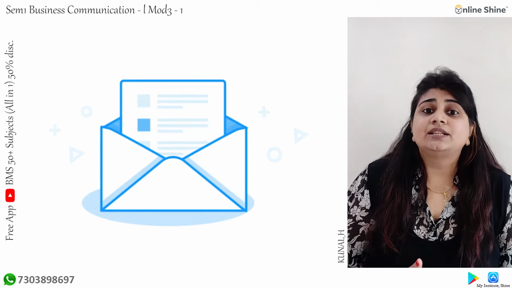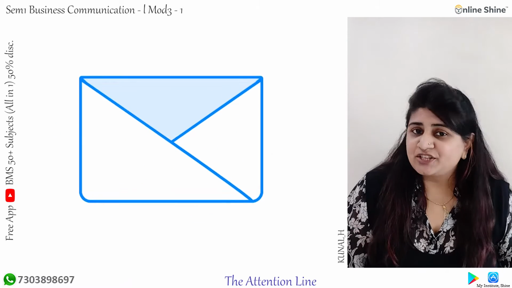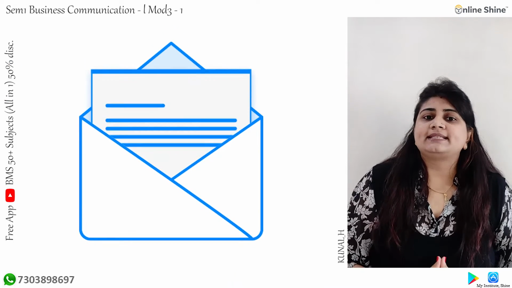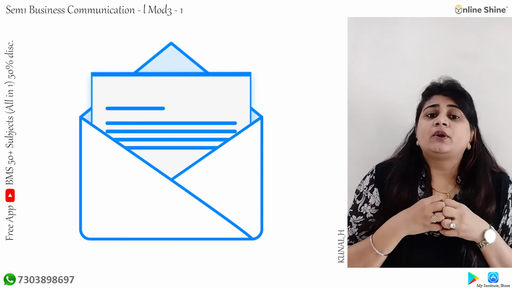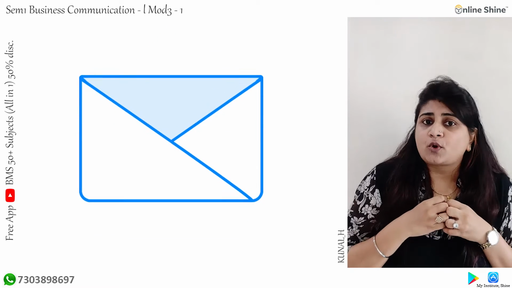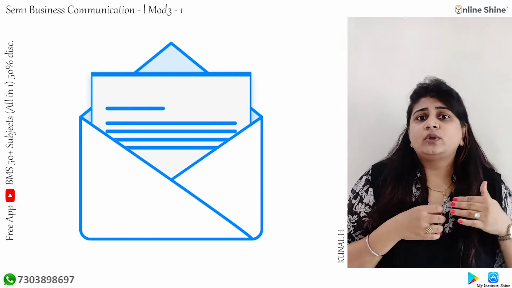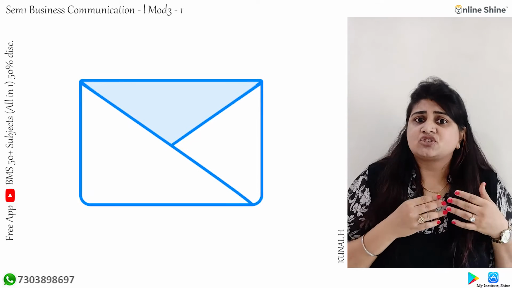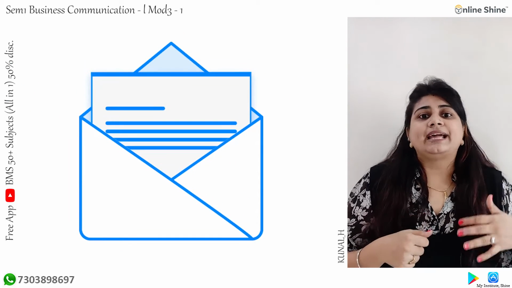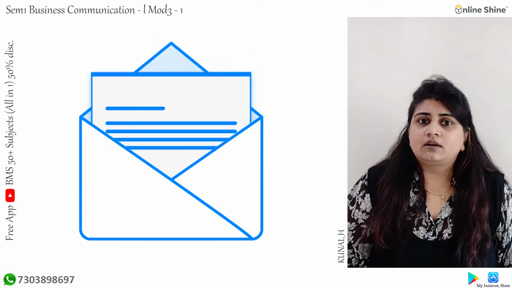Now let's look at the third part, which is the attention line. Now, attention line basically is a line or the name of the person who is particularly handling that particular correspondence or particular matter. So, for example, I may be writing to company XYZ with whom I'm having my business relations as a supplier, but from that I know that Mr. Amal Bosco is the one who is handling this particular purchase order or sales order query.